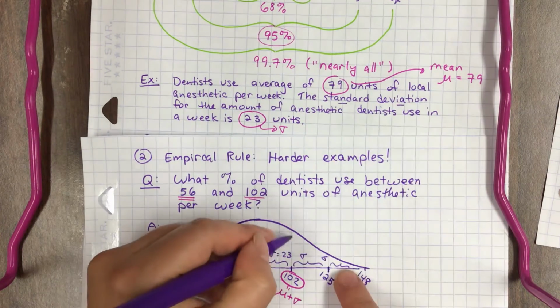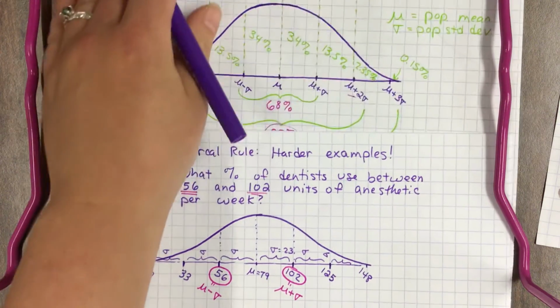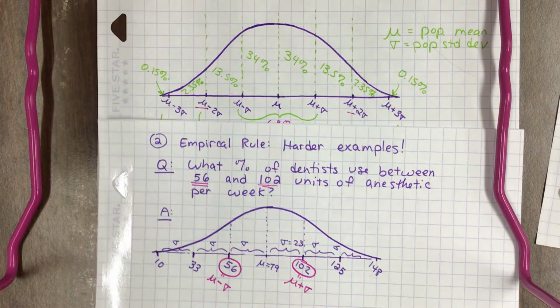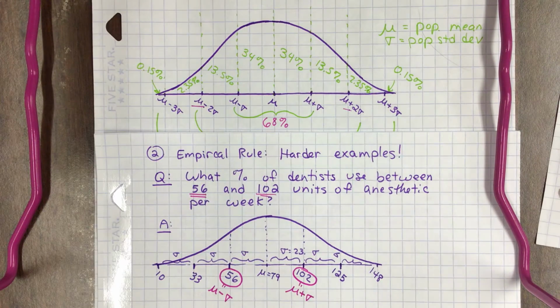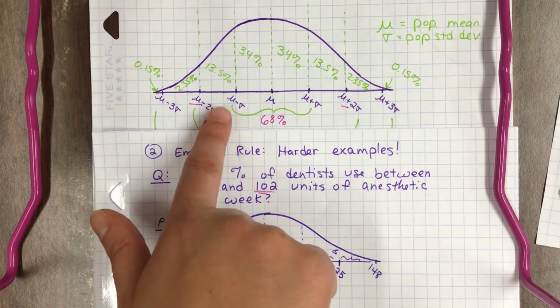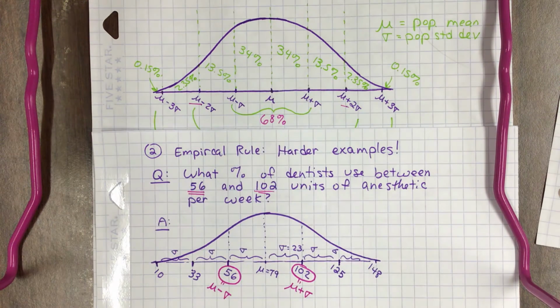Now, I can refer to my handy empirical rule chart, and I can notice that the range from one standard deviation below the mean to one standard deviation above should contain about 68% of the data here.